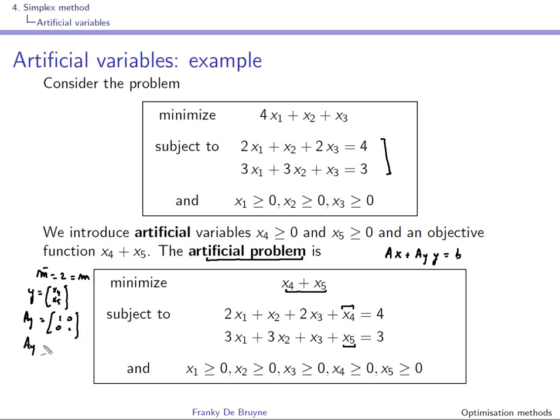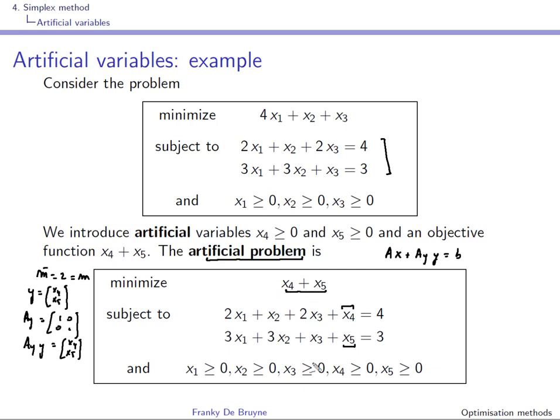So Ay y is obviously x4, x5. This is simply saying that we are adding a variable x4 in the first equation and a variable x5 in the second equation, right? If this original problem has an initial basic feasible solution, this artificial problem will have an optimum in which x4 and x5 will be 0, so the objective function will be 0.